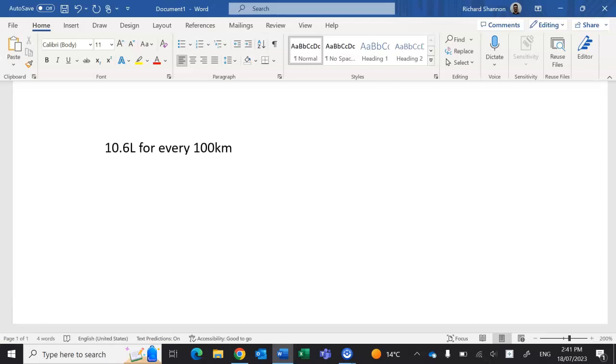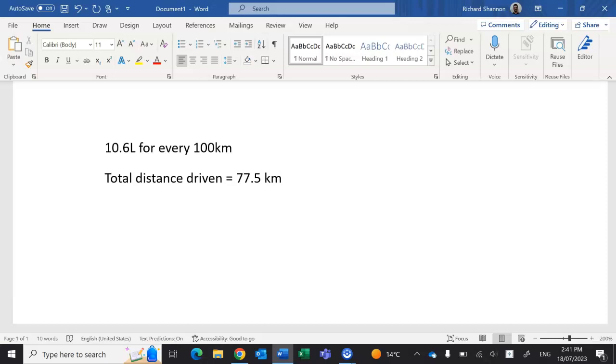Let's say from your Excel document, looking at the itinerary, you know that the total distance is, let's say, 77.5 kilometers. You get that from your itinerary.